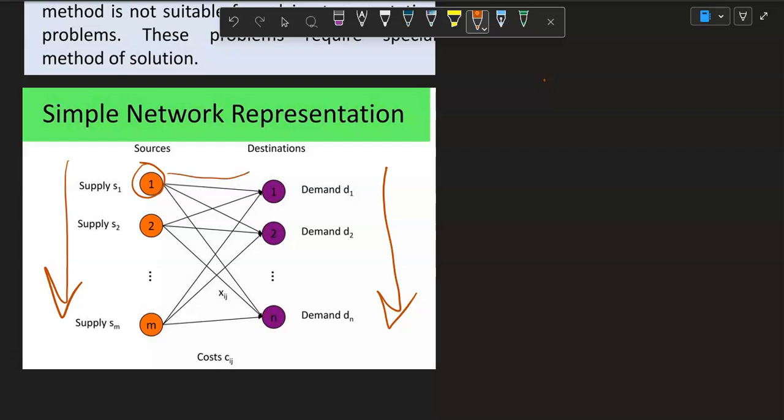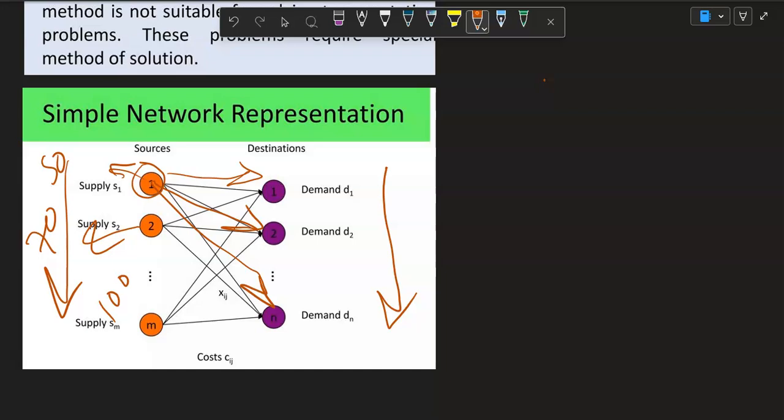It should be able to supply to this one, and up to the nth demand center or destination center. All right, so this particular supply center has a limited number of products it has, so we can say 50, and each of these could have each specific 70 and maybe 100 on the last one.